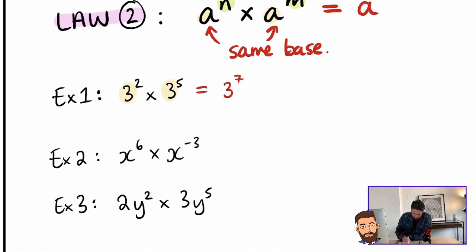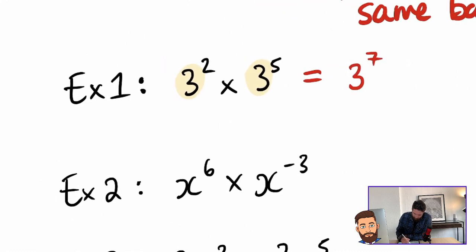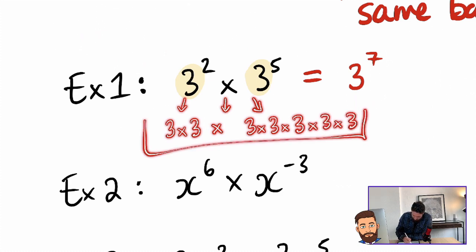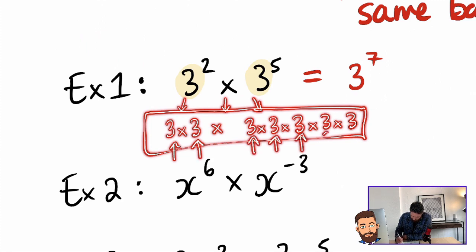Let's break down what 3 squared means. 3 squared, remember, means 3 times 3. Then we've got a times in the middle. Then we've got 3 to the power 5. What does 3 to the power 5 mean? 3 times 3 times 3, 5 times. So that is what this question's saying. And if you count how many 3's I've got there, I've got 1, 2, 3, 4, 5, 6, 7.